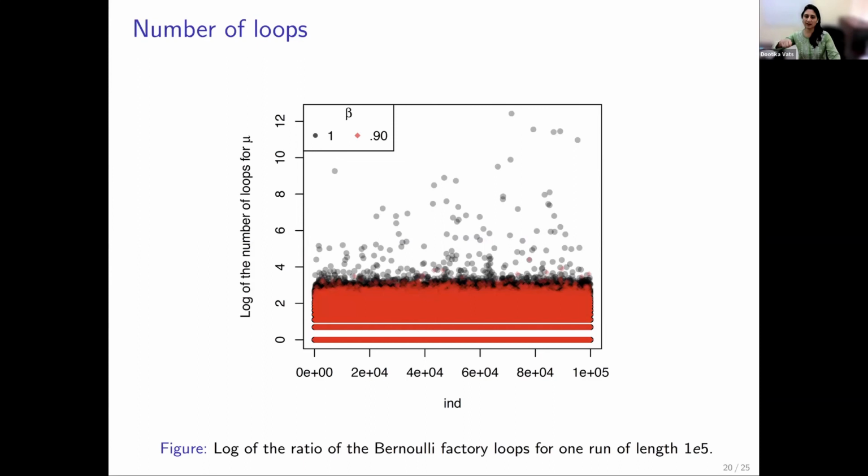Every time the Bernoulli factory loops, I add an index for one particular step of the algorithm. I run both Markov chains for length 100,000, with beta equal to 1, which implements the original Barker's algorithm, and with beta equal to 0.9, which is the Portkey algorithm. In gray are the number of loops for Barker's, the two-coin, and in red are the number of loops for Portkey.